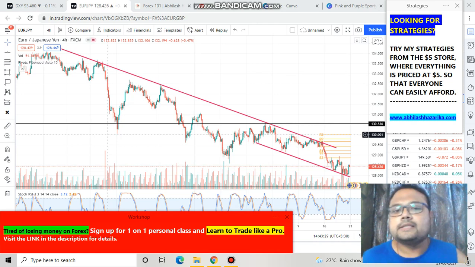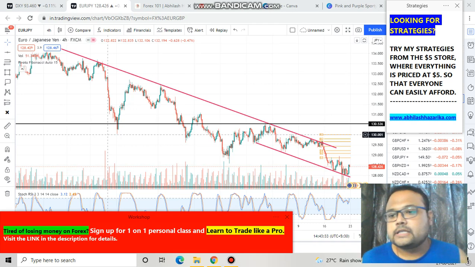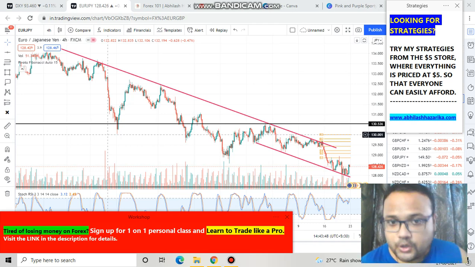Follow the trend means if a market is in uptrend, we should mainly look for buying opportunities, and if a market is in downtrend, we should mainly look for selling or shorting opportunities. And as you can clearly see on the chart, this market is in downtrend, therefore we should mainly look for selling opportunities only.